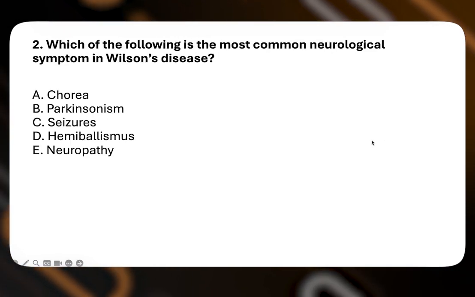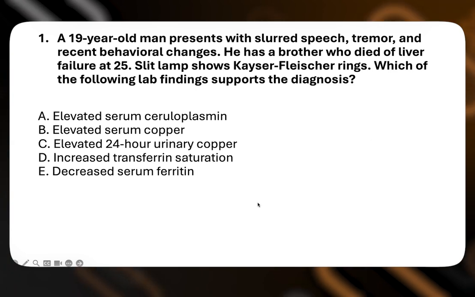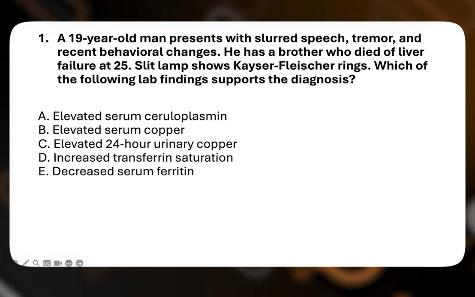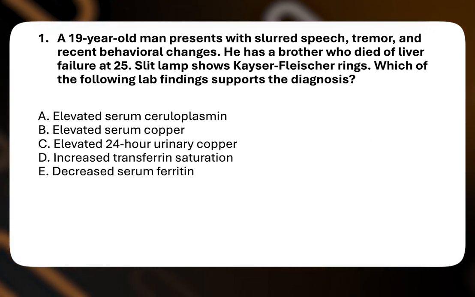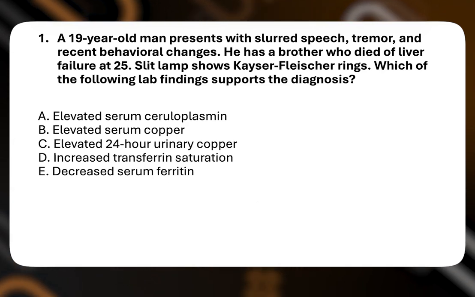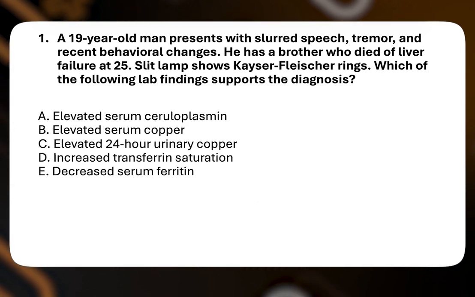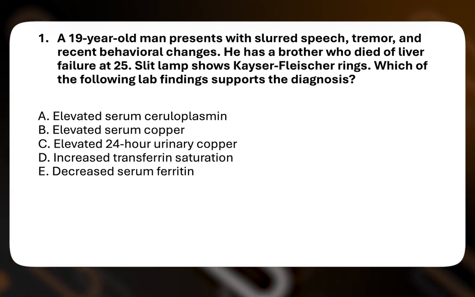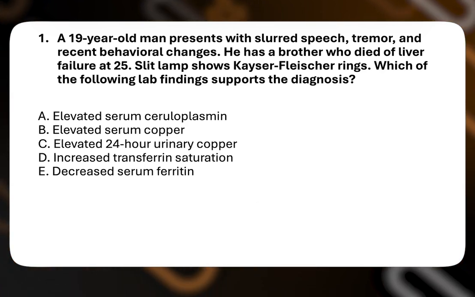This is a 19-year-old man presenting with slurred speech, tremor, and recent behavioral changes. He has a brother who died of liver failure at 25. Slit lamp shows KF rings. Which of the following lab findings support the diagnosis?